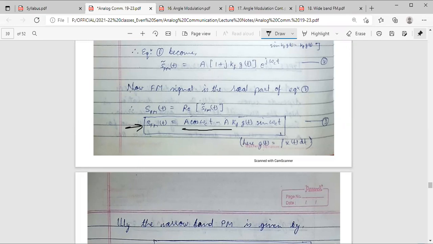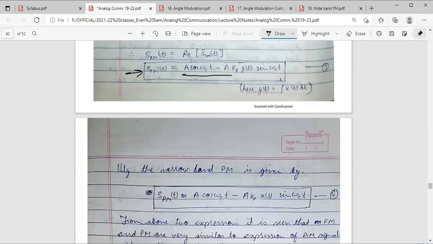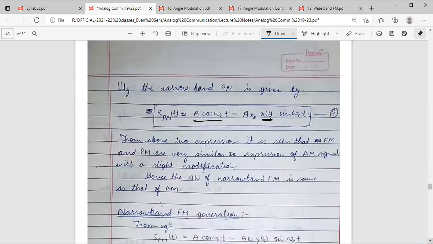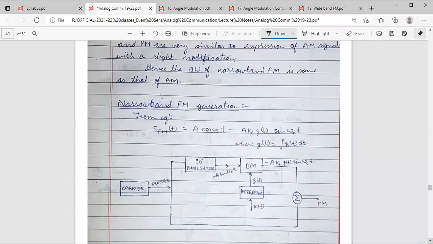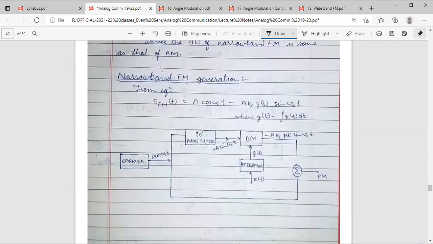Similarly, for PM we have A cos omega ct minus A kp of xt sin omega ct. Here it is xt and there it is gt, so please bear in mind that in FM there is an integral of the message signal.